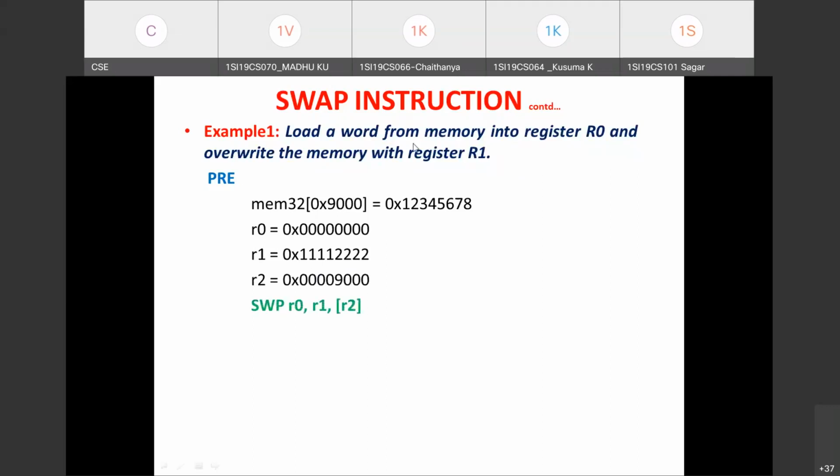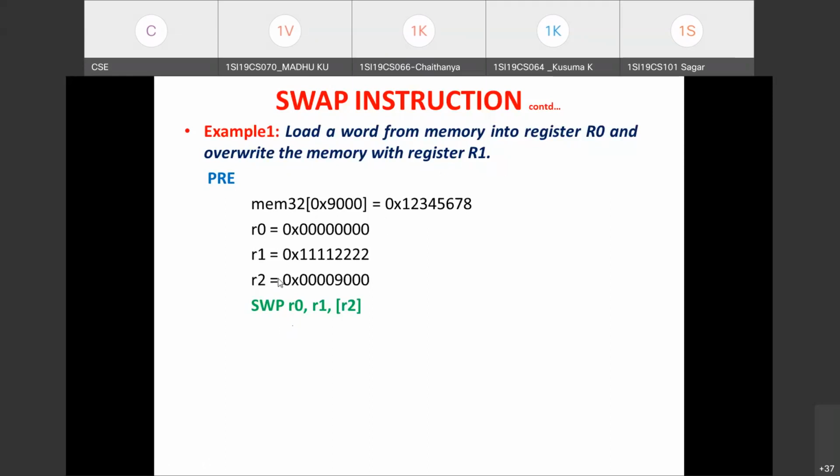As per the question, we have to load a word from the memory into the R0 register, so R0 is the destination register in the swap instruction. Swap is a 3 operand instruction, with SWP as the mnemonic. As per the question, R0 is the destination, so whatever you fetch from the memory has to be transferred to the R0 register.